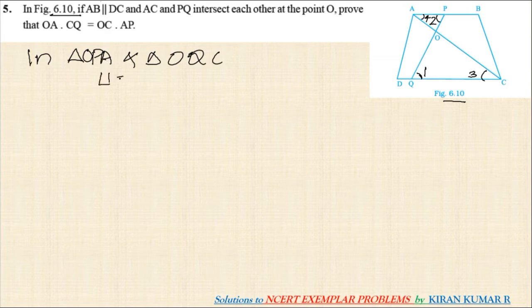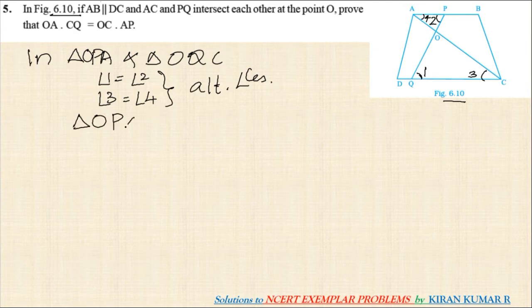angle 1 will be equal to angle 2, angle 3 will be equal to angle 4. These become alternate angles since AB is parallel to DC. So the pair of angles are equal, the triangles will become similar by AA similarity.